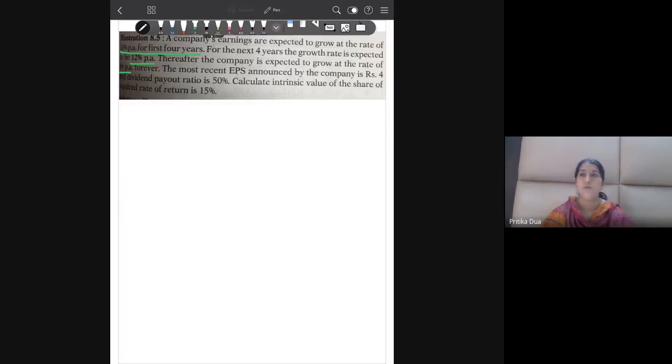Before you start with the question, the dividend per share: the most recent EPS was 4 and dividend payout ratio is 50%, which means that the latest dividend or last year's dividend has been rupees 2, which is 50 by 100 into 4.